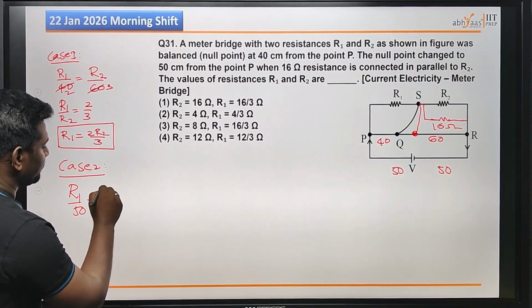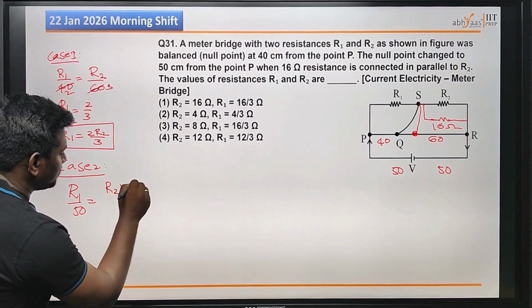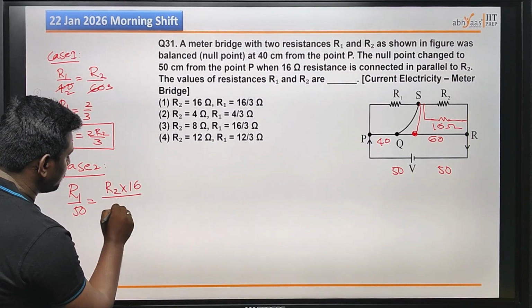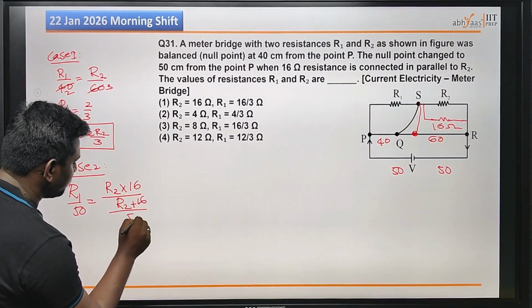We know that formula: R2 into 16 by R2 plus 16, by 50. The 50 gets cancelled.